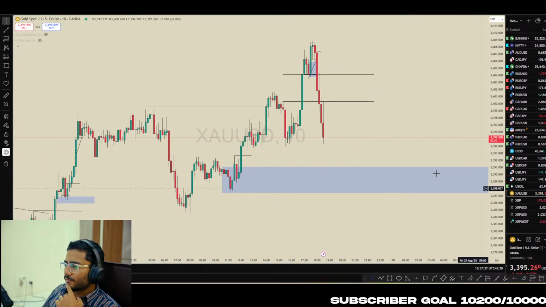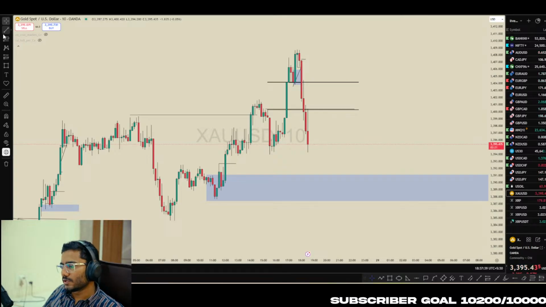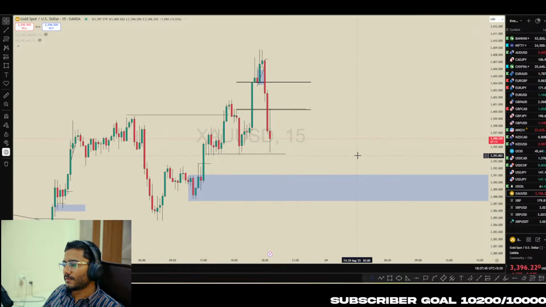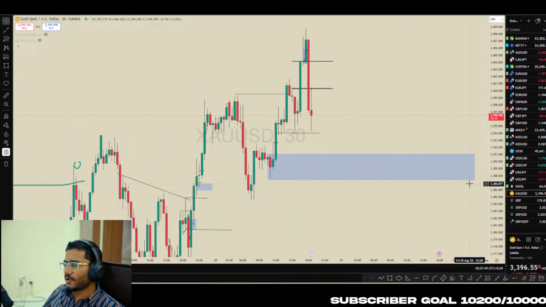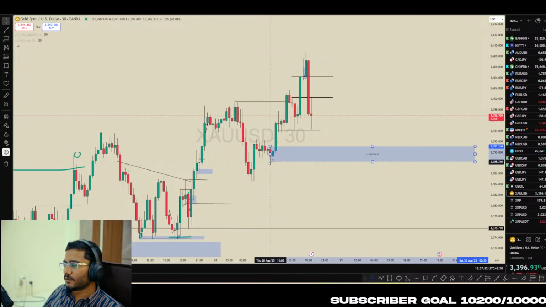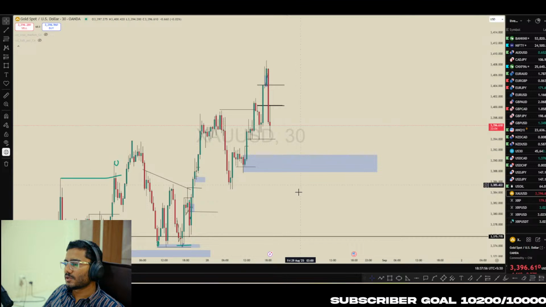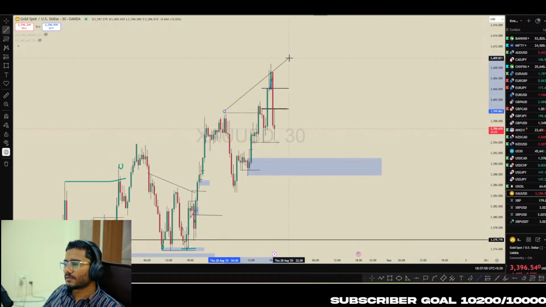So finally, I think price can break this equal lows now. It's coming to the downside, so I was hoping for price to create some reversal. But if you look at 30 minutes, then we have this 30-minute order block over here, which took out the liquidity from the left low, and it started to go up, creating this new structure to the upside.